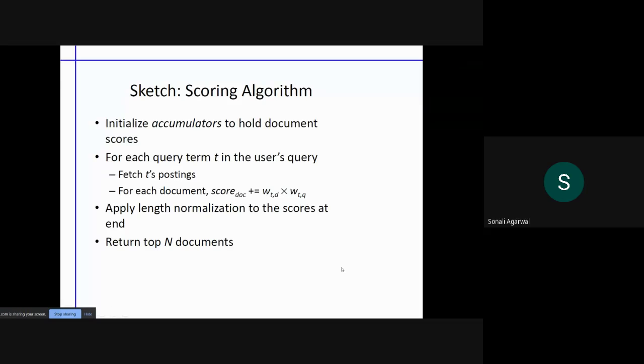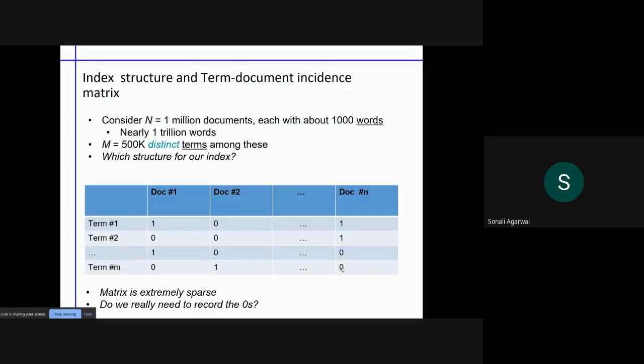There are various other algorithms, like scoring algorithms. These scoring algorithms also help us to score the topmost documents with the help of a certain weightage mechanism. If we see how to make this overall structure available, there are the index structure and the term-document incidence matrix.